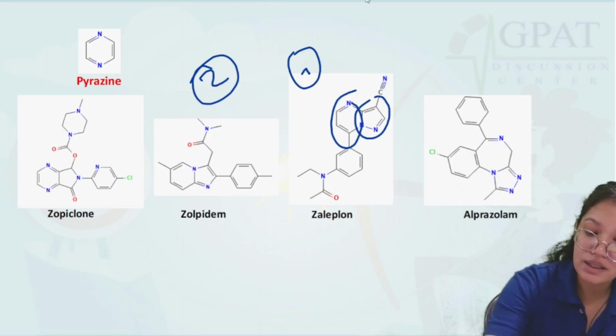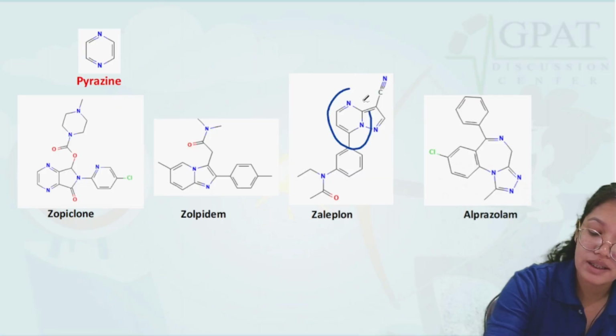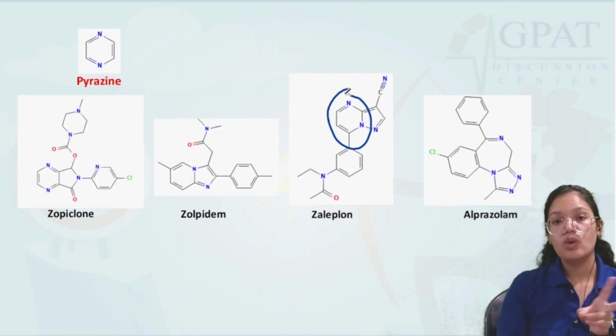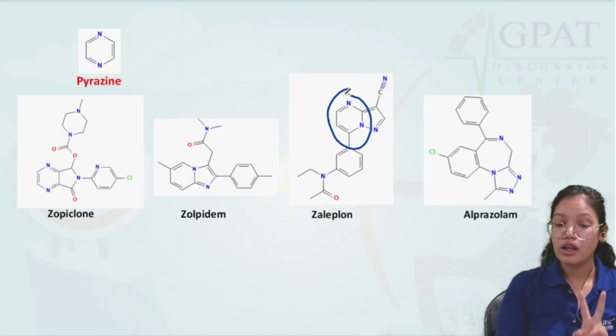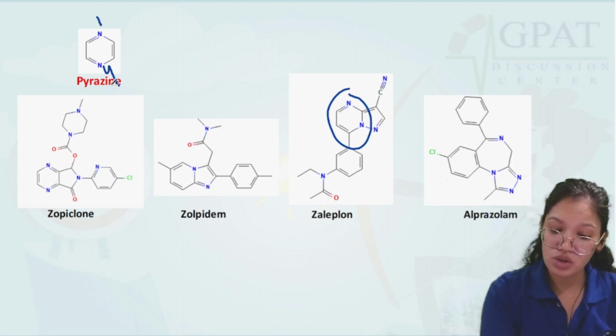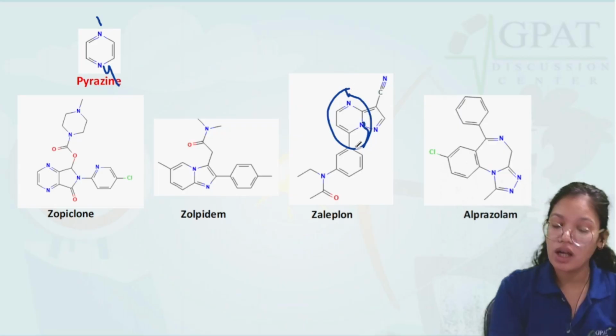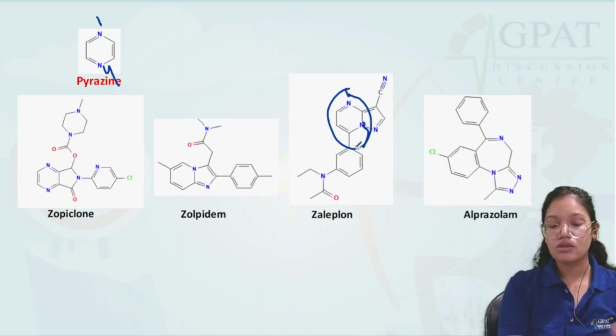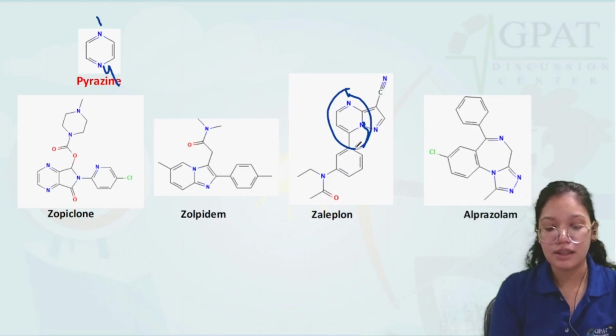Pyrazine contains a 6-membered ring with two nitrogen heteroatoms, but the position also plays a very important role. In pyrazine we have nitrogen at the 1 and 4 positions, but here we have nitrogen at the 1 and 3 positions. So that is not a pyrazine but a diazine.